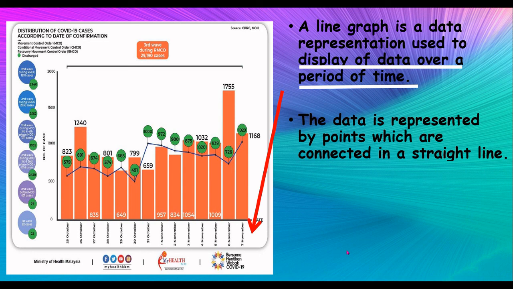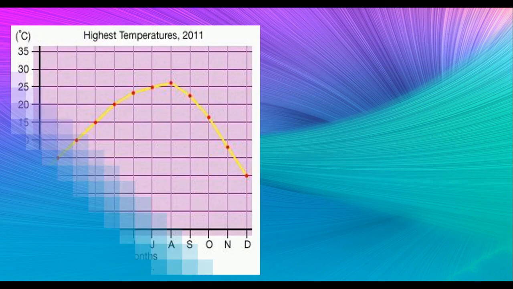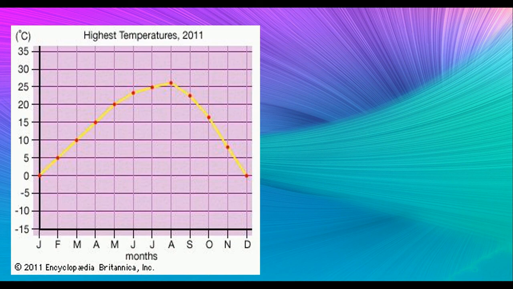Okay, so this is how we have our line graph. Here teacher again mentions the horizontal axis is the time duration, the vertical axis is the frequency value. So girls, more information here, like the highest temperature in 2011, we got the months here.